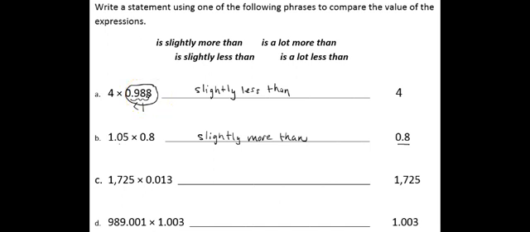In the next question, I'm multiplying 1,725 times 13 thousandths. Well, 13 thousandths is a pretty small number, so my final answer is going to be a lot less than 1,725.